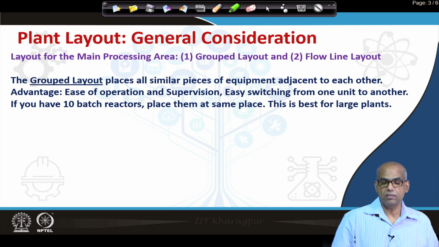Then you will require fewer personnel to monitor these 10 batch reactors. So, monitoring and supervision will be easier, there will be ease in operations if you place all 10 batch reactors in one place. This is a good strategy for large plants.